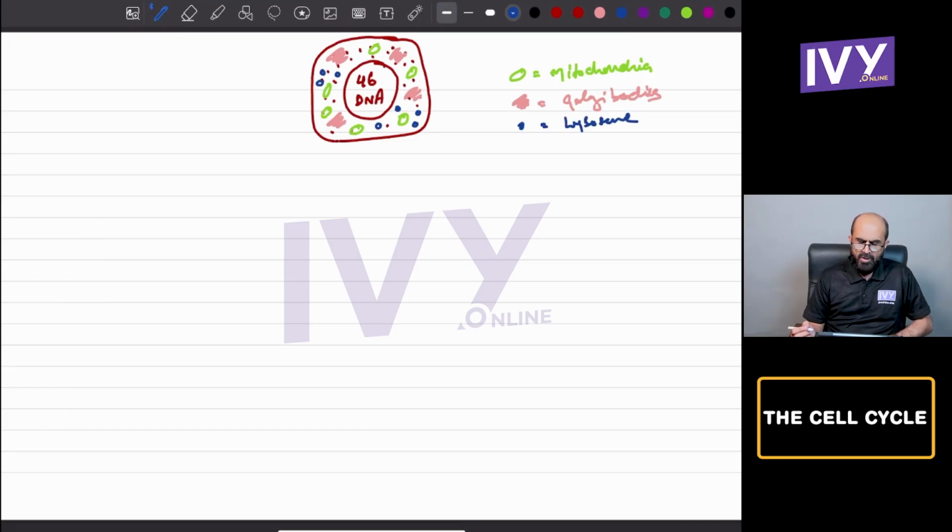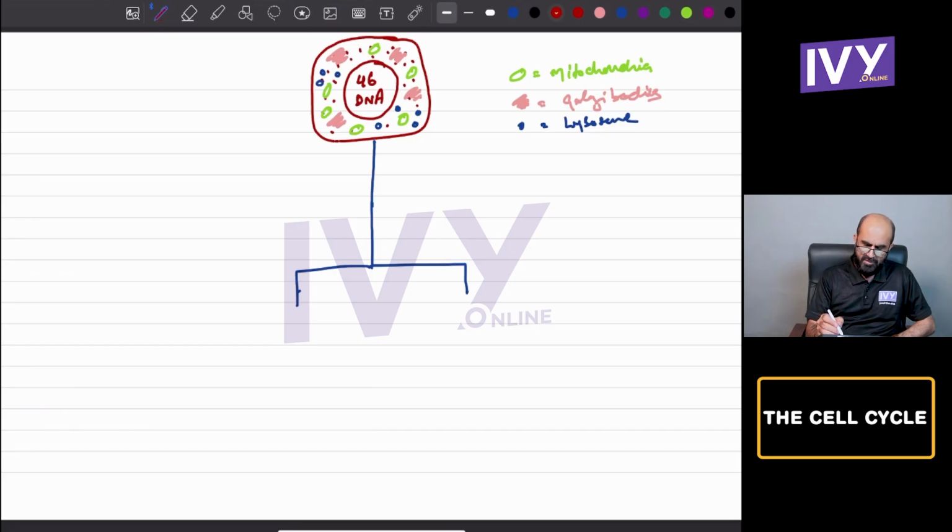So now, if we want to divide this cell into two cells, then of course the daughter cells will have half the contents present in the cell.